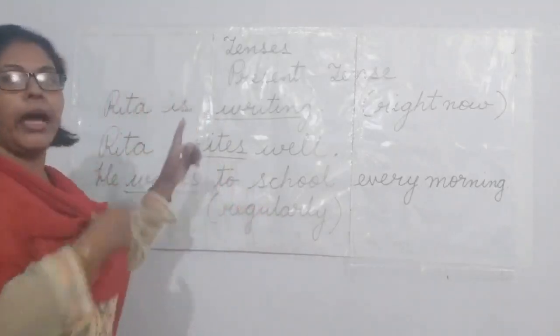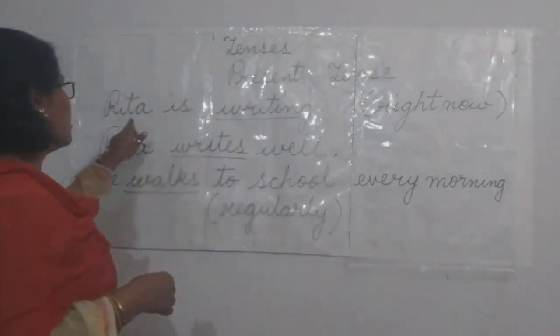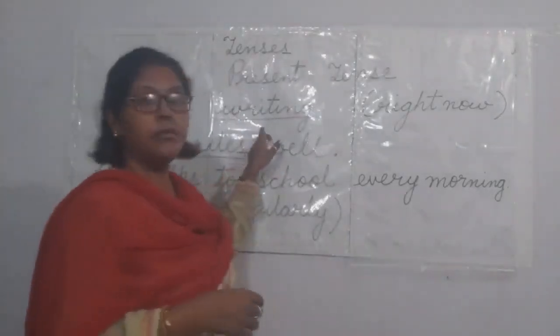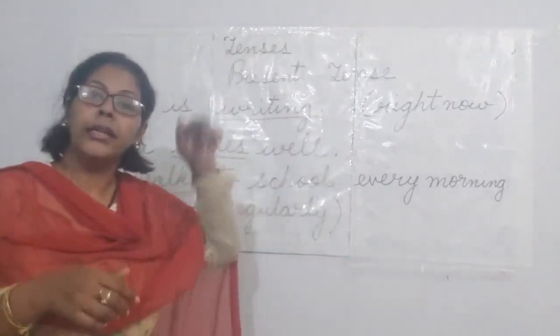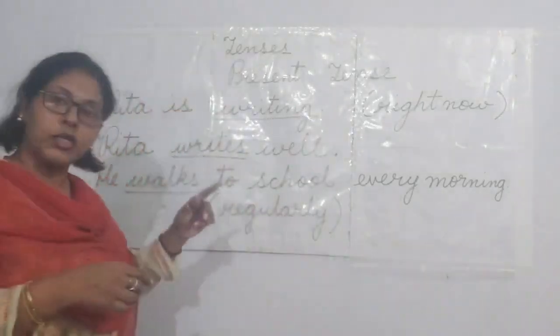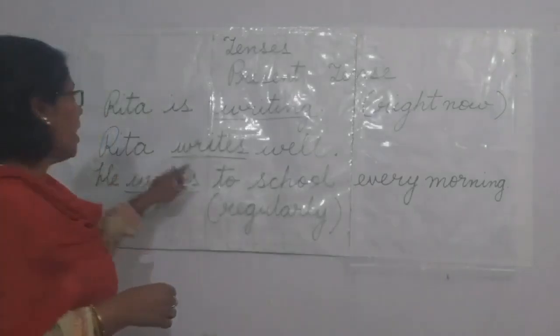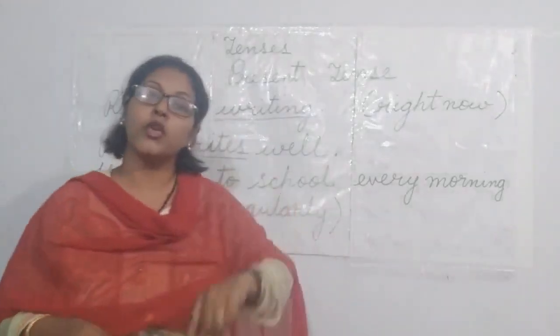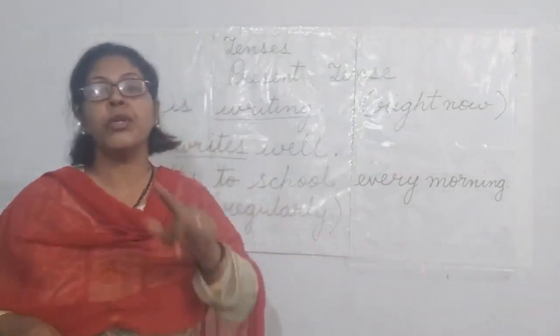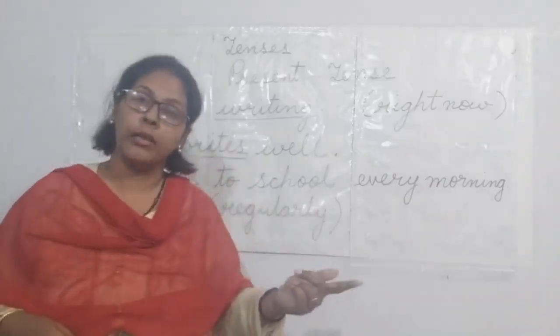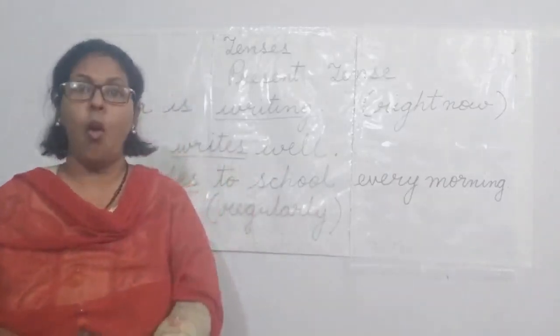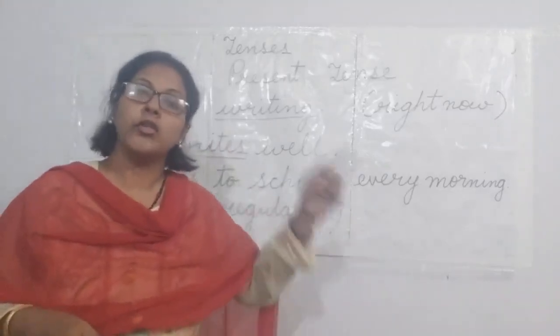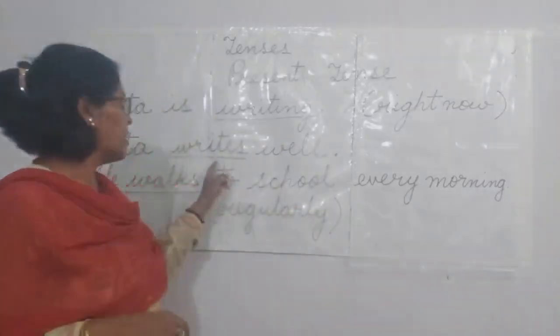Here we have the first one. Rita is writing. Means she is writing right now. Next one. Rita writes well. Means Rita has a nice handwriting. So whenever she writes, she writes well, if she writes now or she is going to write later on.